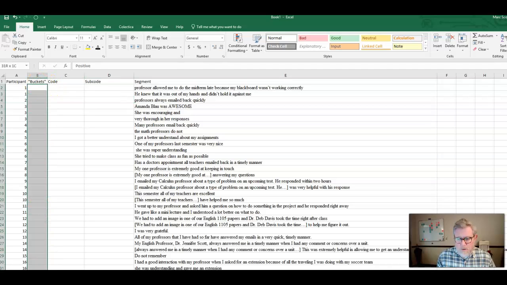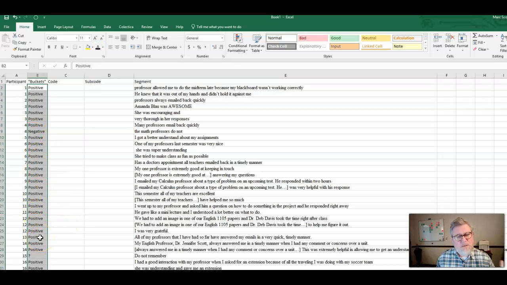Next, let me show you the bucket. Most of them are positive, and that makes sense because of the way the question is phrased. With some studies you're not asking for positive responses, you're just asking what was your experience, or to describe this phenomenon. There, having positive and negative buckets could be really helpful. Here, it's less helpful.